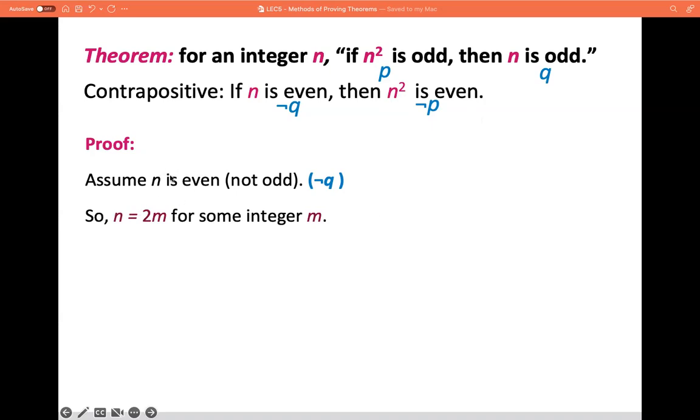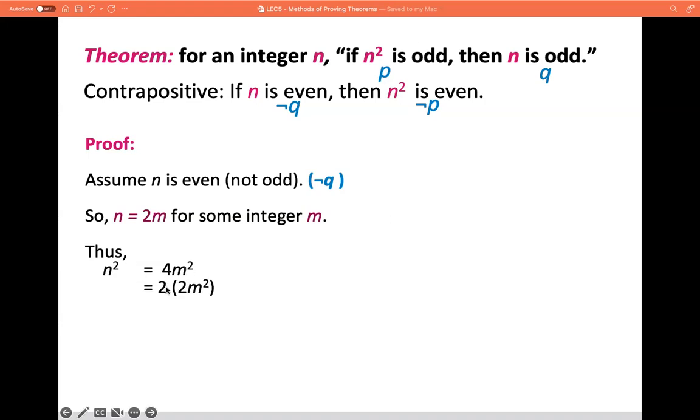Having n as even, n will then be equal to 2m for some integer m, using the definition of an even number. Thus, using this not Q, we prove the conclusion not P. So we take the square of both sides. We have n equal to 2m, so n squared is equal to 4m squared.